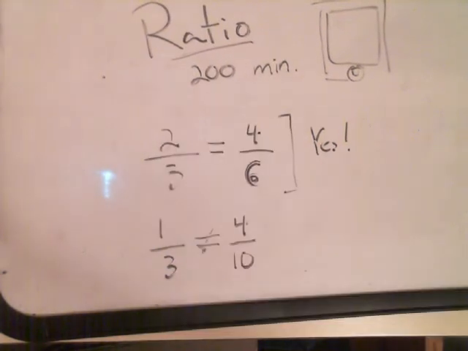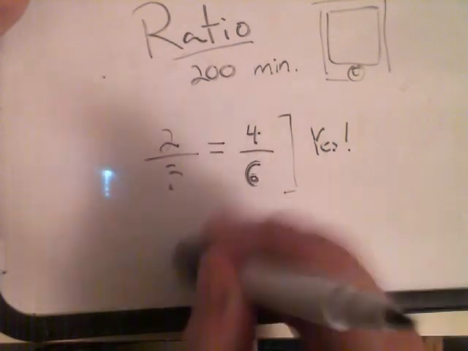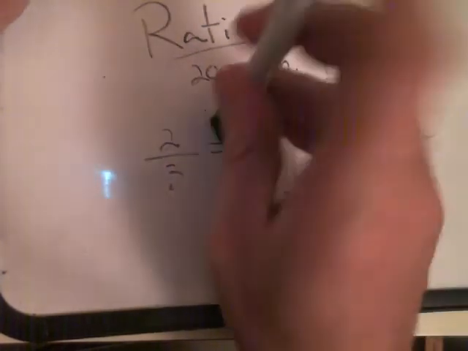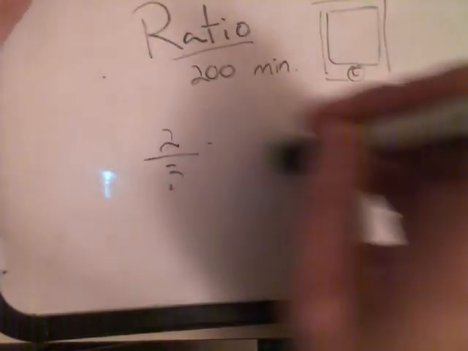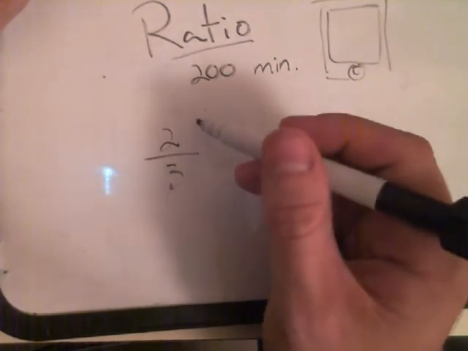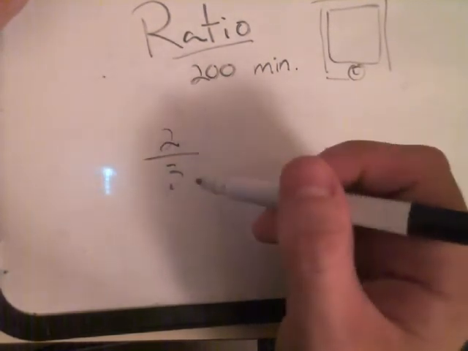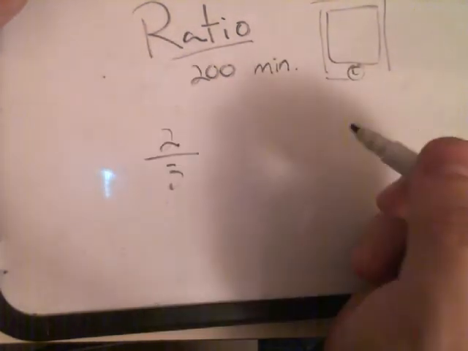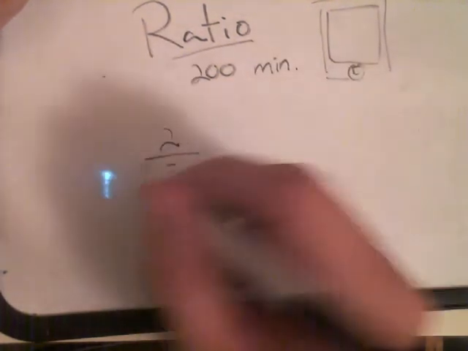Now, quickly, you'll notice that if I have an original ratio like 2/3, as long as I take the same number times the top and times the bottom, I'm going to end up getting a ratio that's proportional to the original.